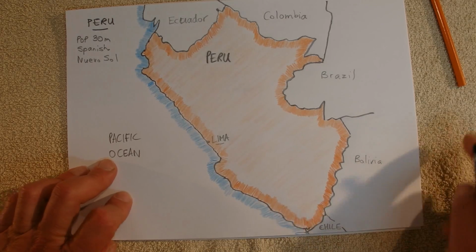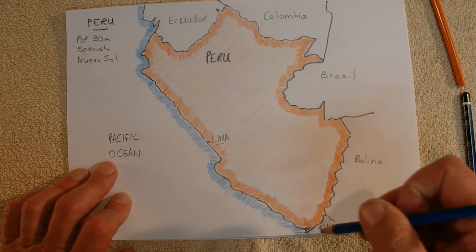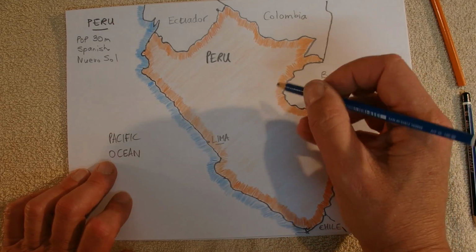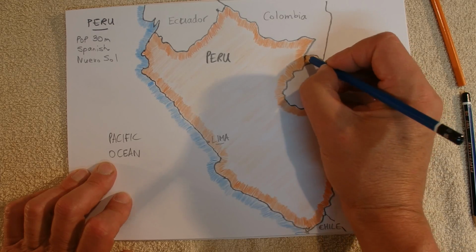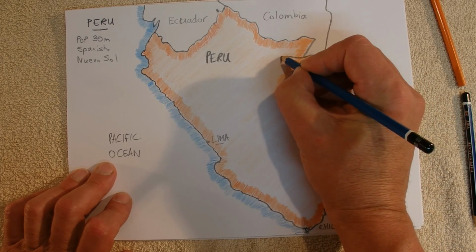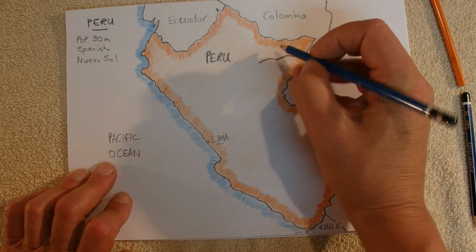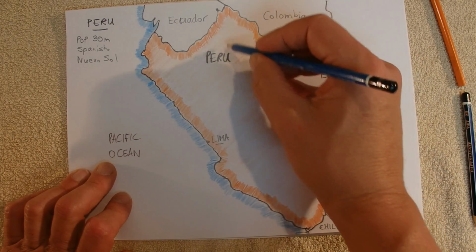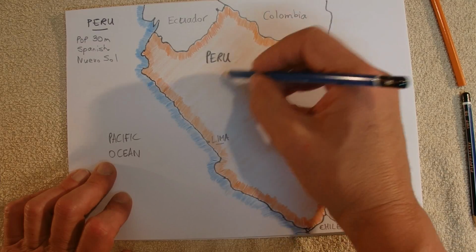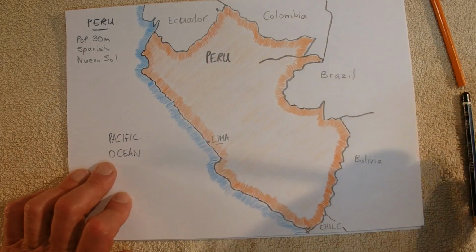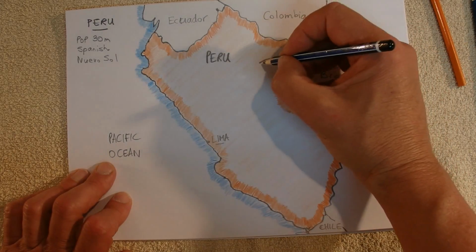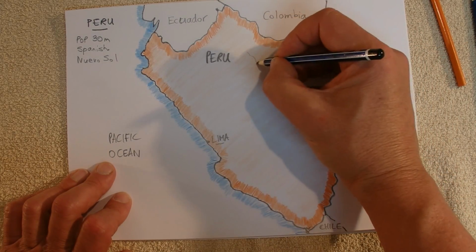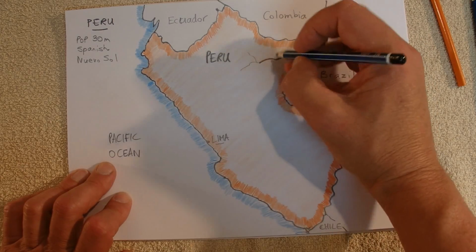Now what you want to know is, where is the Amazon River? And the Amazon River, the bulk of it sort of comes over here, but there's also all little rivers that feed into it all the way over through Peru, because Peru is fairly mountainous.